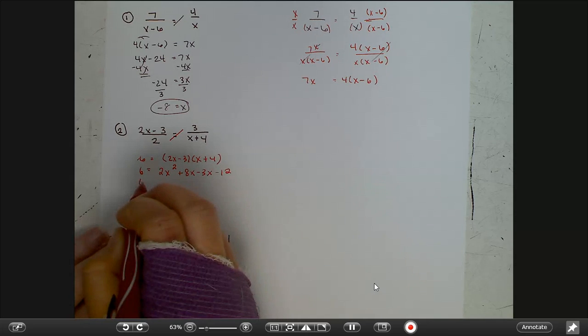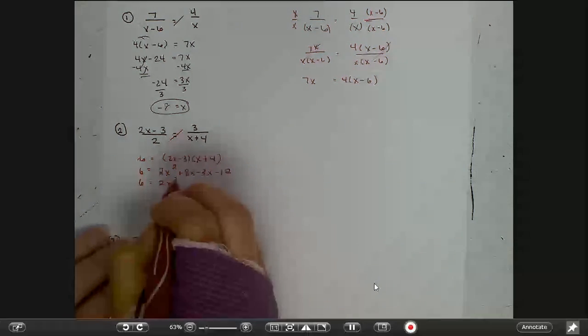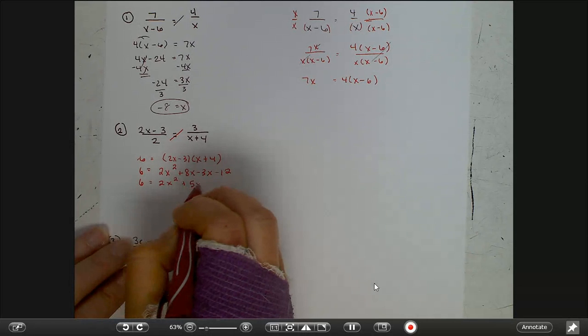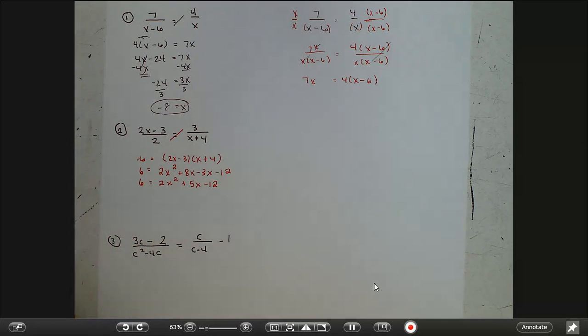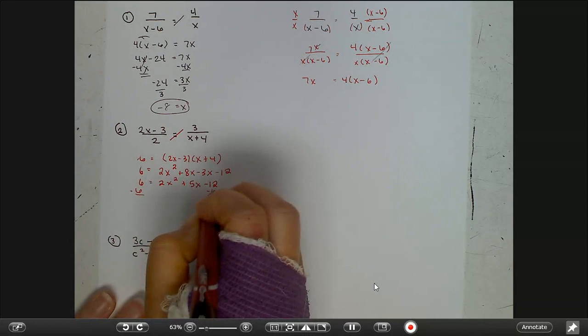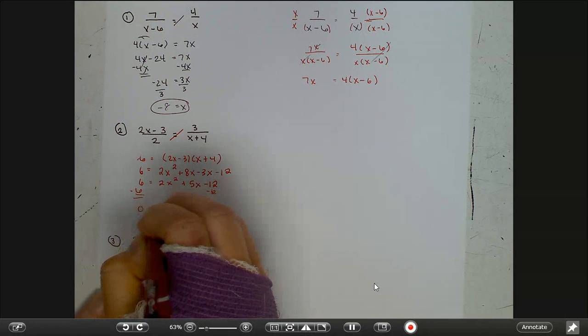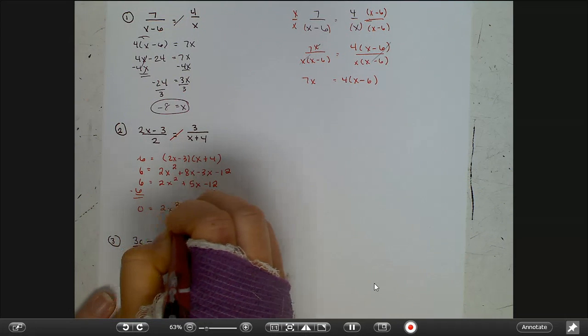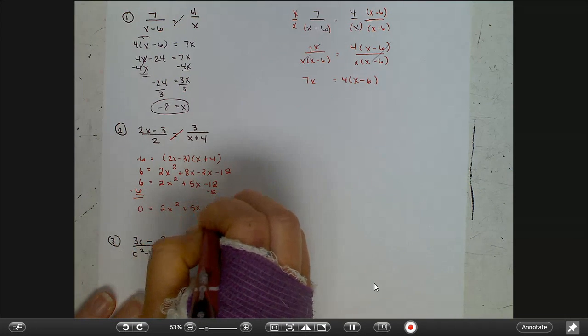Now you can hopefully see that this is a quadratic equation. I'm combining like terms now. And in order to solve a quadratic equation, we need to set it equal to 0. So we're going to move our negative 6. So 0 equals 2x squared plus 5x minus 18.